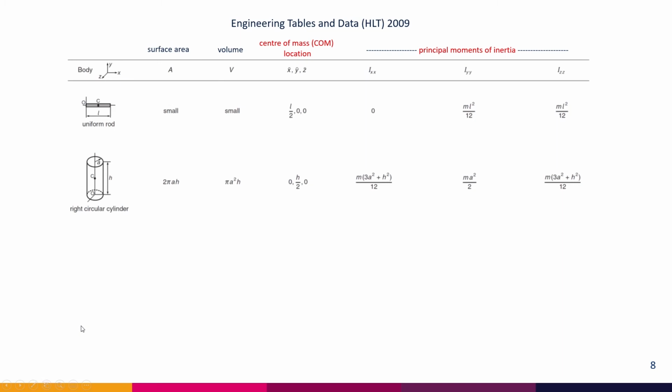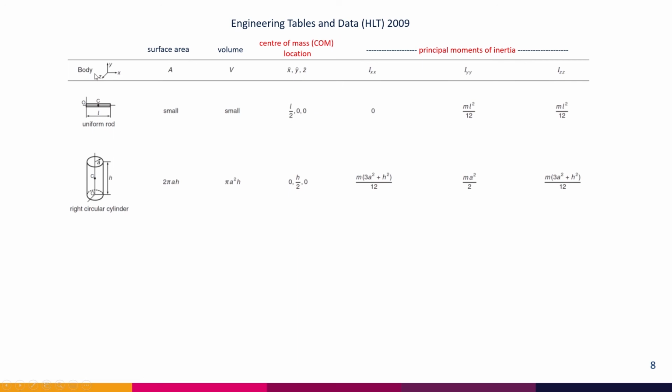Now, in engineering, we can calculate these quantities for various objects. But once we've done that, we don't want to have to do it again, so we compile these values, or these formulae, in tables. So these are some examples from engineering tables and data that our undergraduates use.